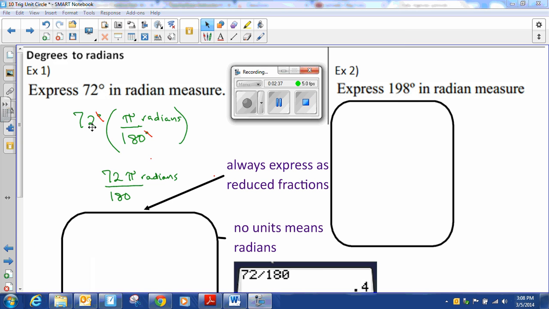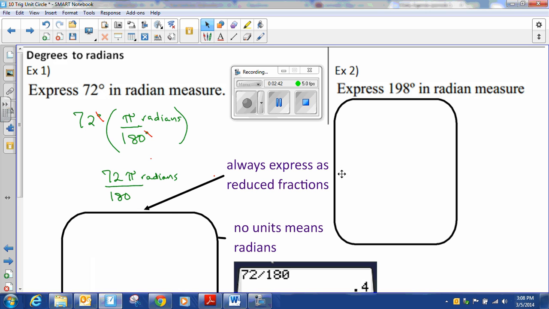So now we have 72 pi radians divided by 180. Now, we always want to reduce our fraction, and you always want to express your answer in terms of pi. So we need to basically take 72 over 180, reduce it, and put pi back in.